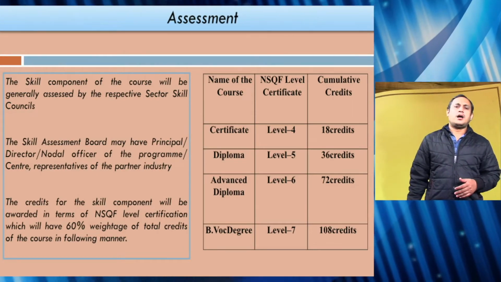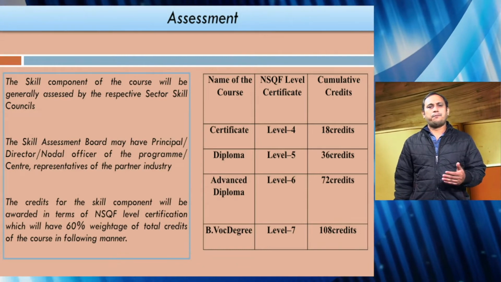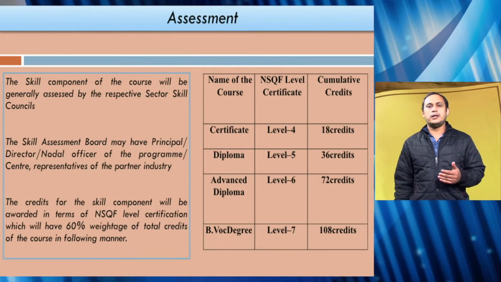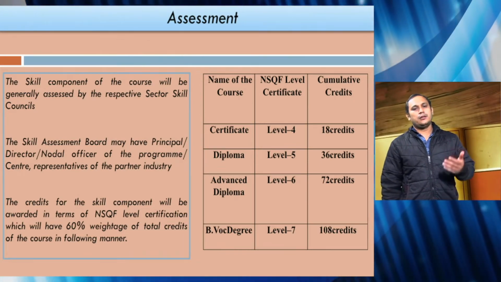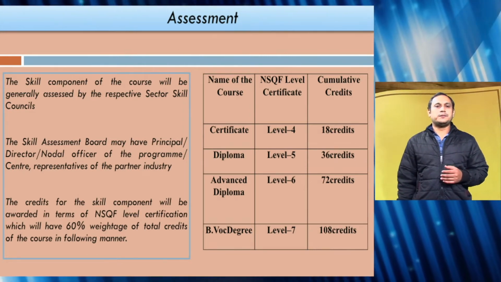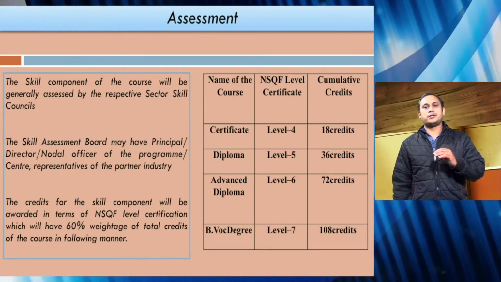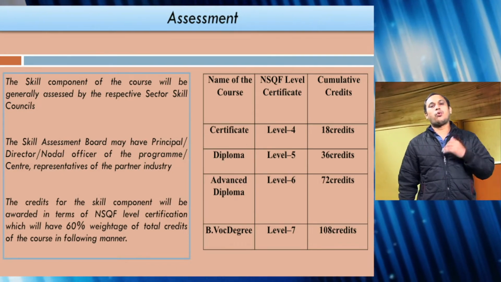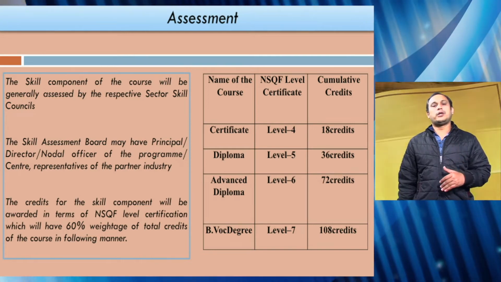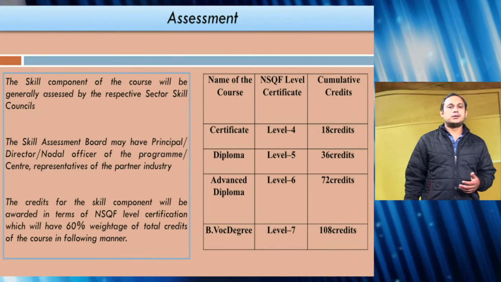In Table 1 we have shown, along with the levels, the professional skills which are required, the core skills, and the responsibilities. The levels are level 5, level 6 and level 7. The details are provided in the table: what kind of responsibilities and core skills a person who wants to pursue that particular course needs, and what the professional skills are.